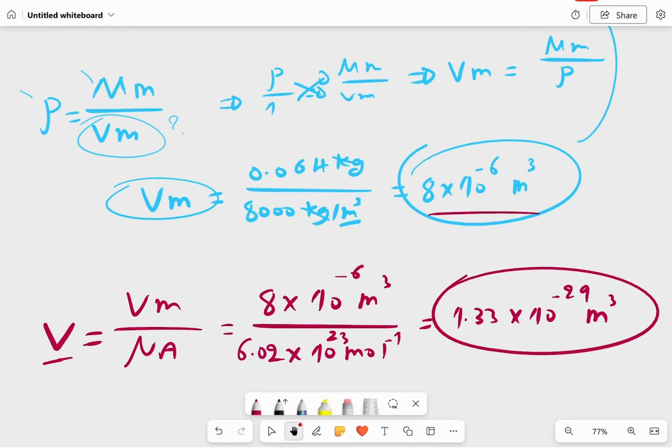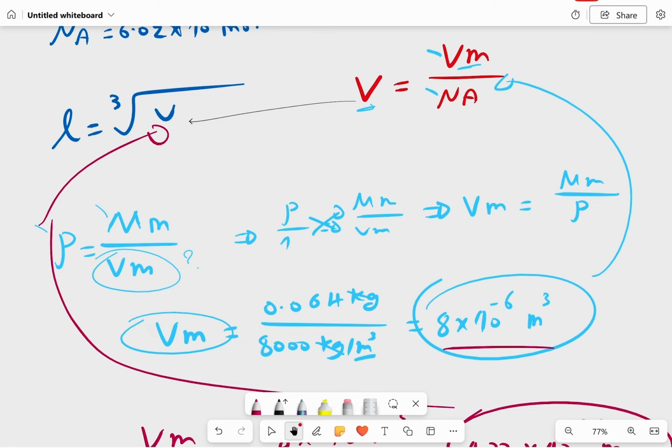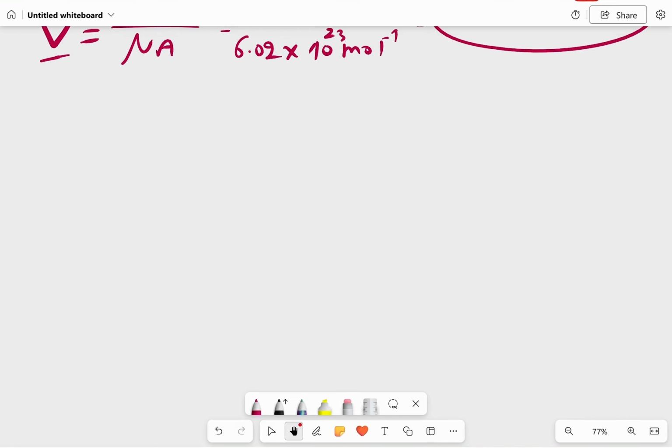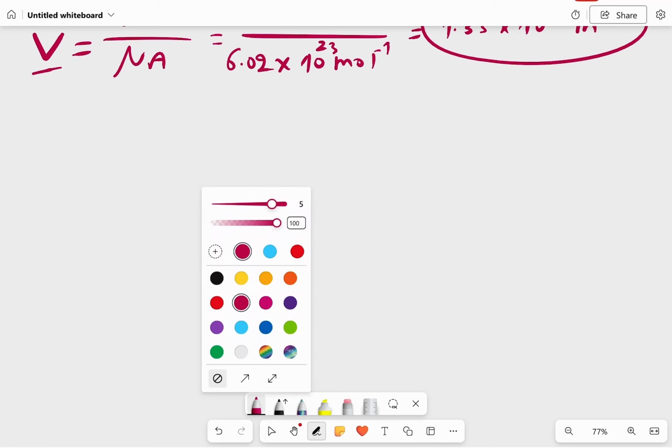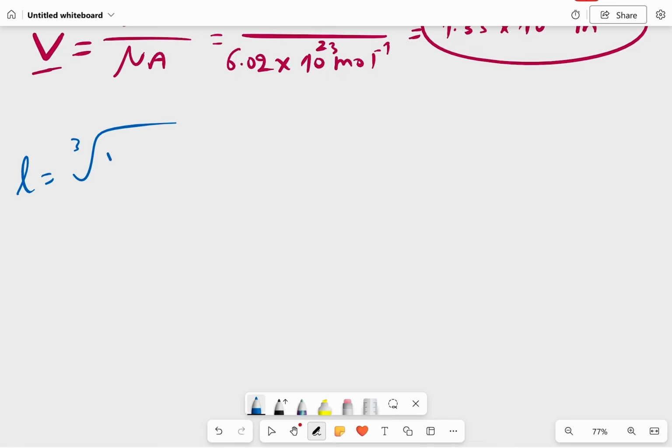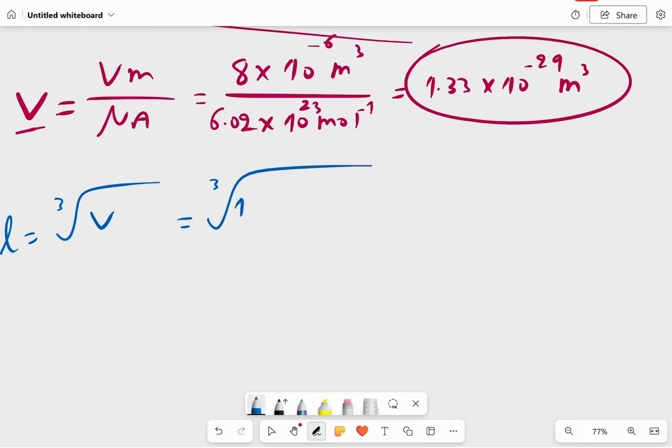Now we said put this number here in the cubic root for length. So you have length, which is equal to the cubic root of volume. So you have the cubic root of 1.33 times 10 to the power of minus 29 meter cubed. Meter cubed will be cancelled with this one.